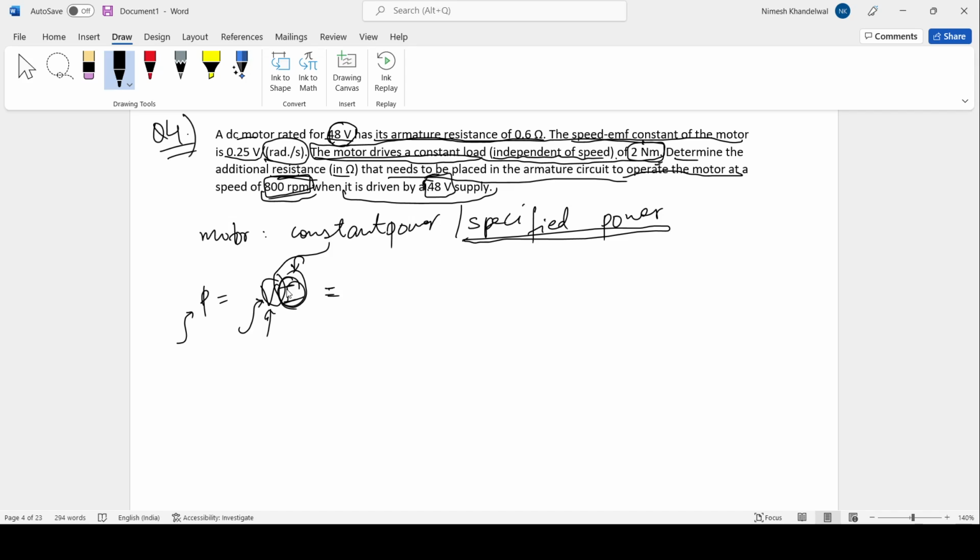What does current depend on? It depends on voltage and the total resistance in your circuit.